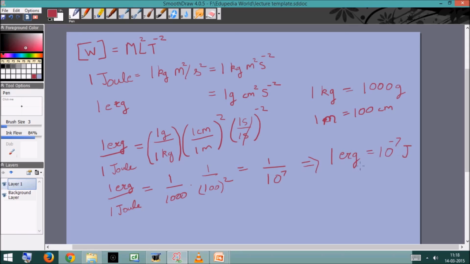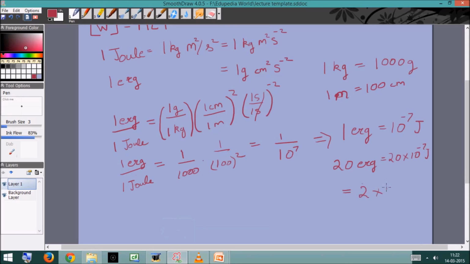From this we know that 20 ergs will be 20 into 10 to the power minus 7 joule, which is 2 into 10 to the power minus 6 joules, which is 2 microjoules. So we found out that 20 ergs is 2 into 10 to the power minus 6 joules, which is what we wanted.